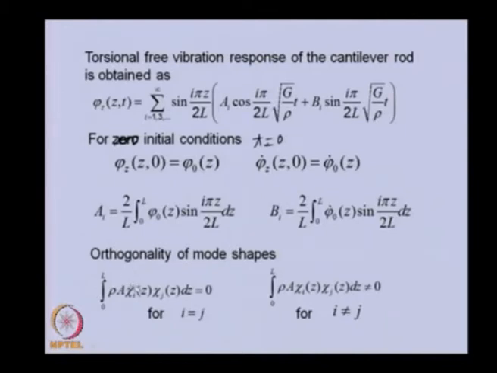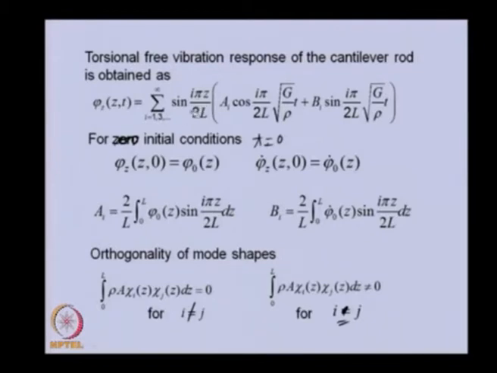That means when two eigenfunctions are different, this quantity is 0, and when they are the same, it will not be 0. So once we multiply both sides by the eigenfunction of the ith mode, the terms will be 0 corresponding to all modes except i.